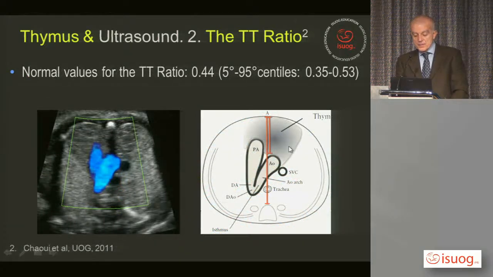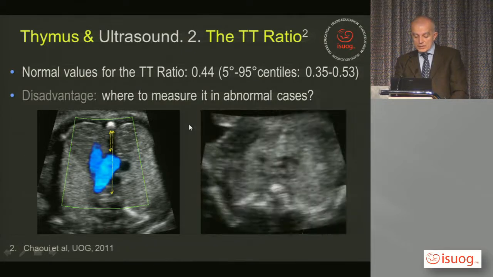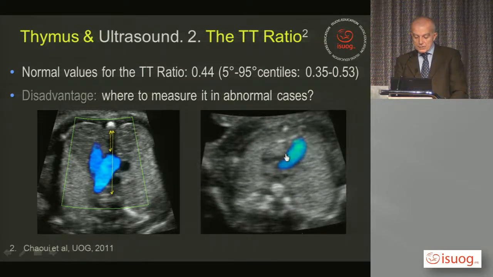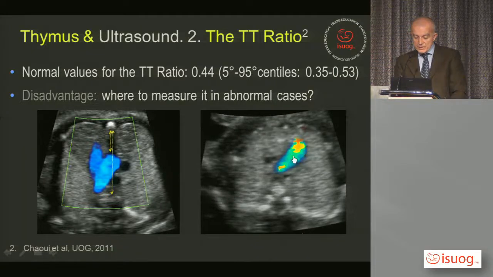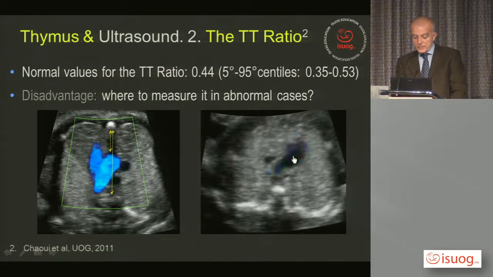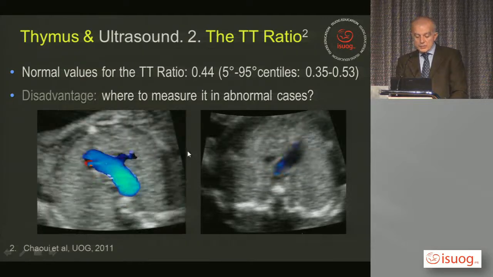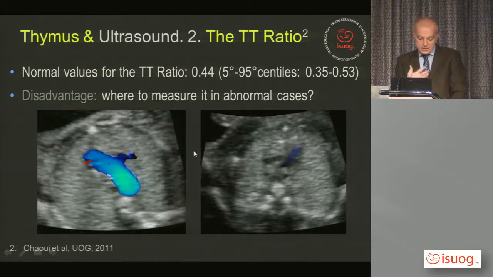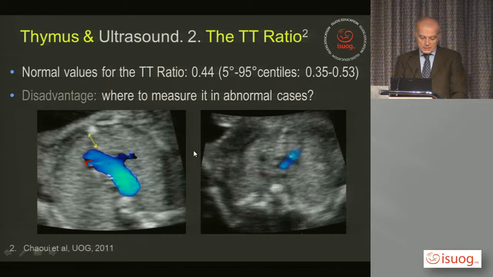And the second issue is that it is easy to define the anterior border of the aortic arch in normal conditions. But if you have an abnormal condition, a truncal abnormality such as in this case, and I run from the thymic box downward to where the single vessel is here, and this was a common arterial trunk with the microdeletion, you do not know actually where to put the measurement, at least not being familiar with the TT ratio as Rabi was.